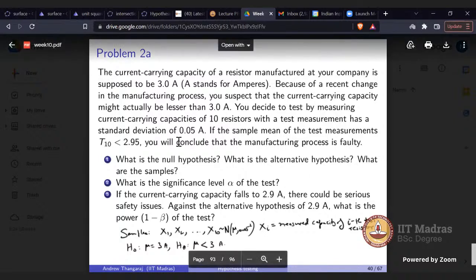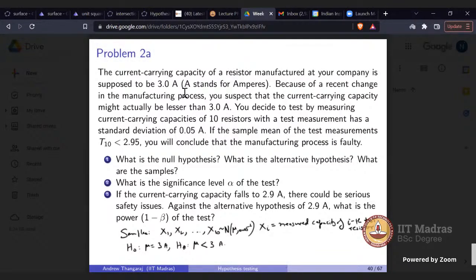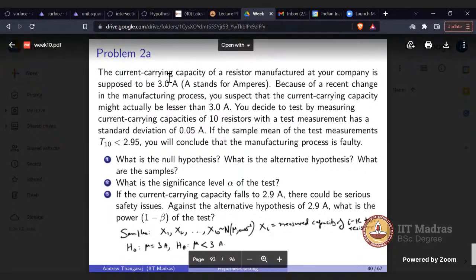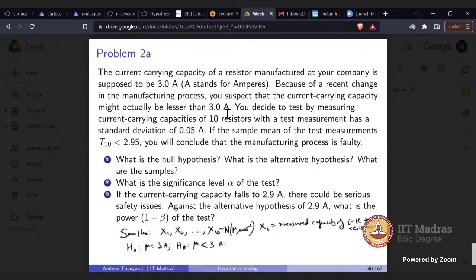Okay, so this problem we are talking about, right? Yes. It's supposed to be 3 ampere, okay? Because based on this, our calculations will also come exact opposite, like reject or accept. So what did you take as a null hypothesis here?